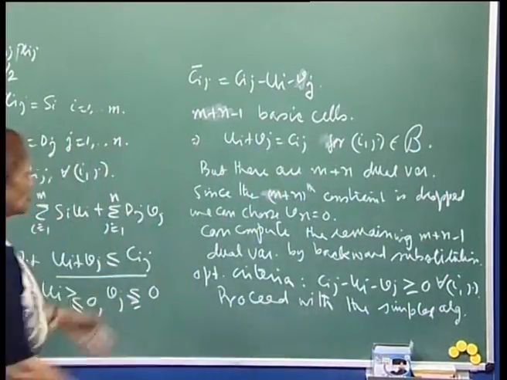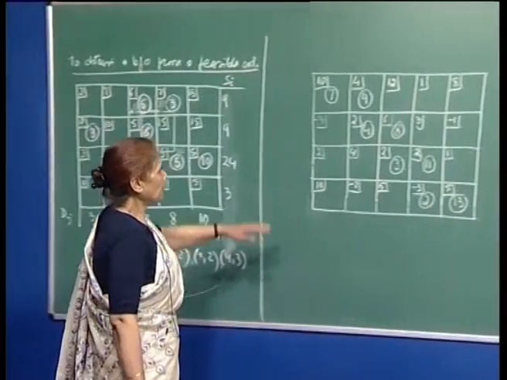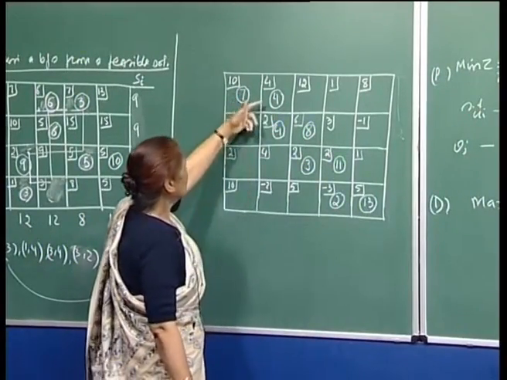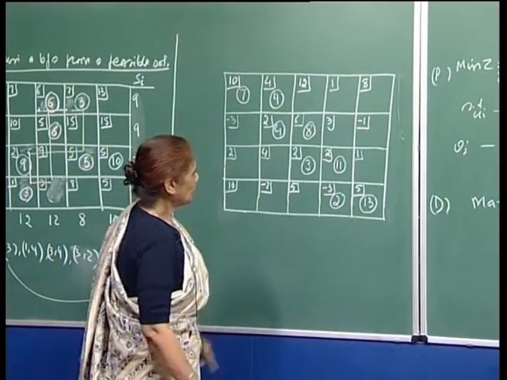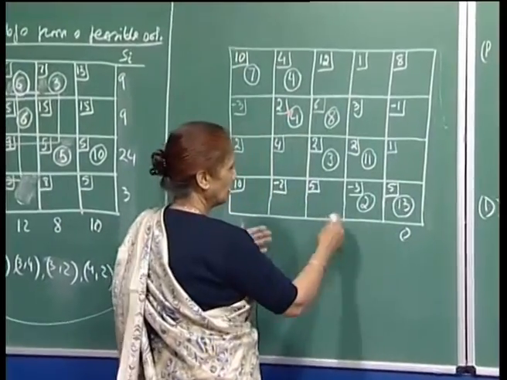I do not have to spell out the things because it is all very clear. So, let us quickly look at this example here. For example, by the northwest corner rule, the same problem. We have this starting basic feasible solution, and as I told you, I put the corresponding u's for rows and v's for columns.